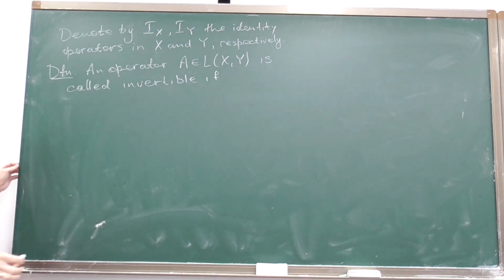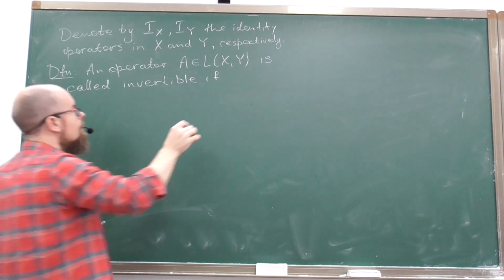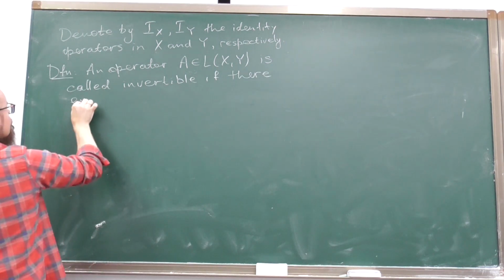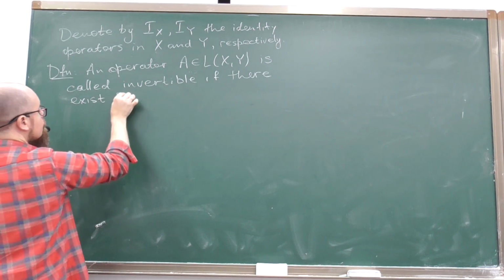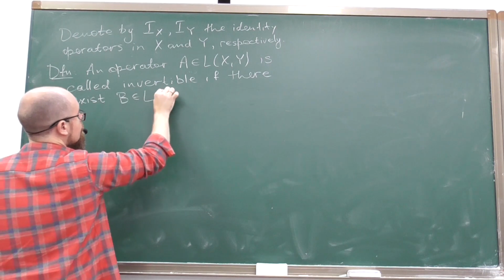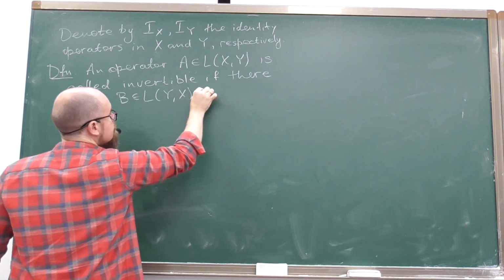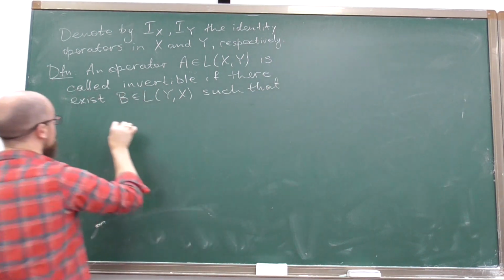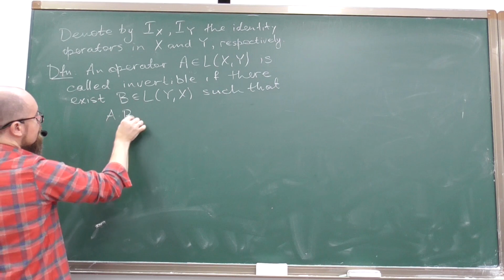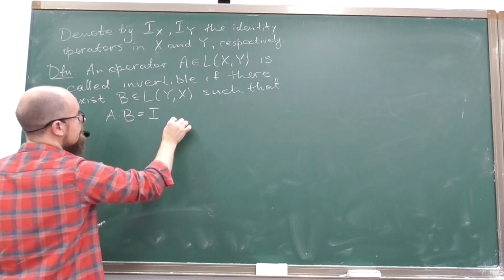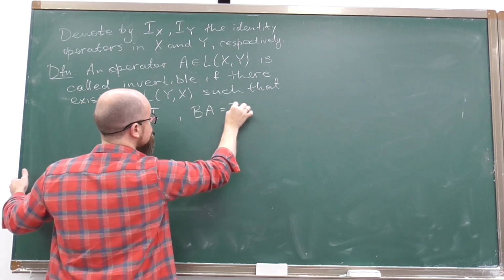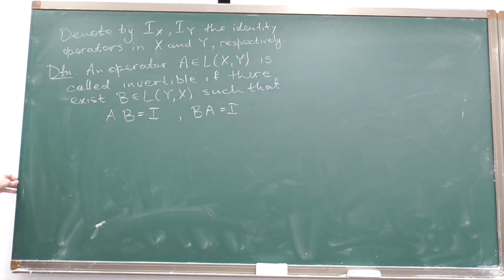if there exists an operator B from Y to X such that A times B is identity and B times A is identity.